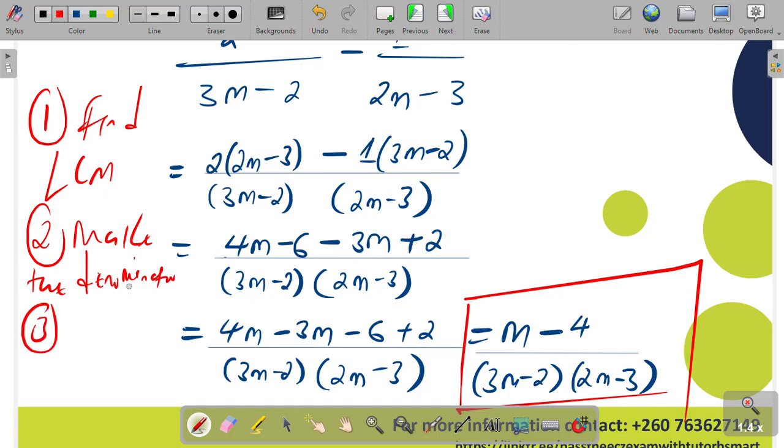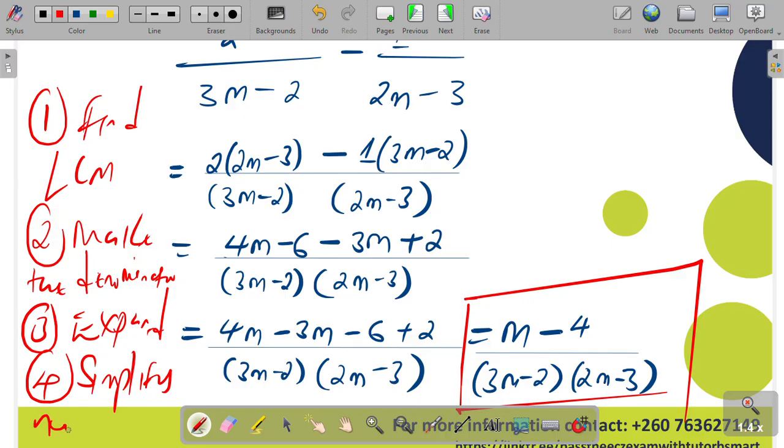Third step, you do what? You expand. These are exam tips for you. And the fourth step, you simplify. You simplify the what? The numerators.